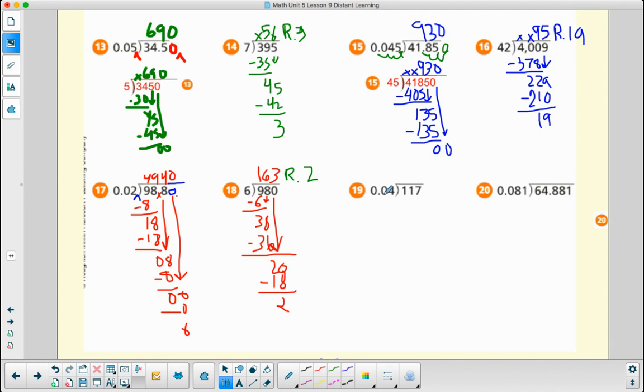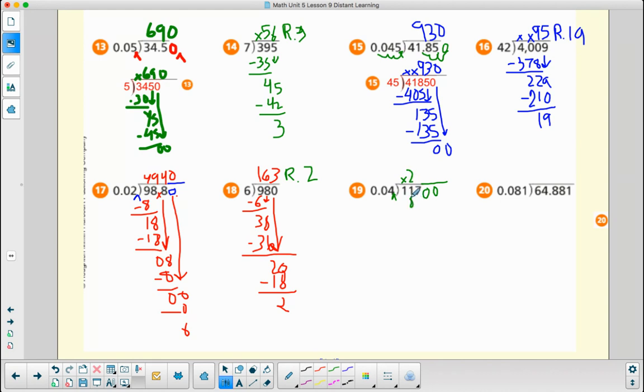Number 19. I have 2 decimal places, so I'm going to multiply it by 10, 100 to move my decimal here. Multiply 117 by 100, takes me to there. No 4s in 1. 2 4s in 11. 2 4s are 8.